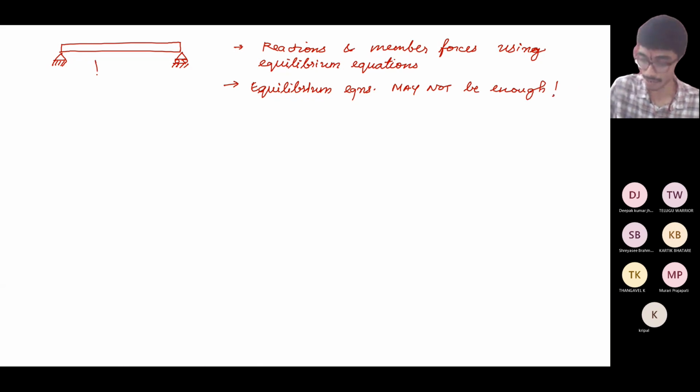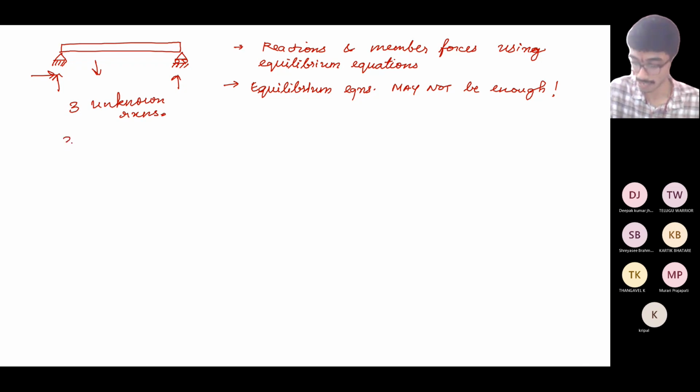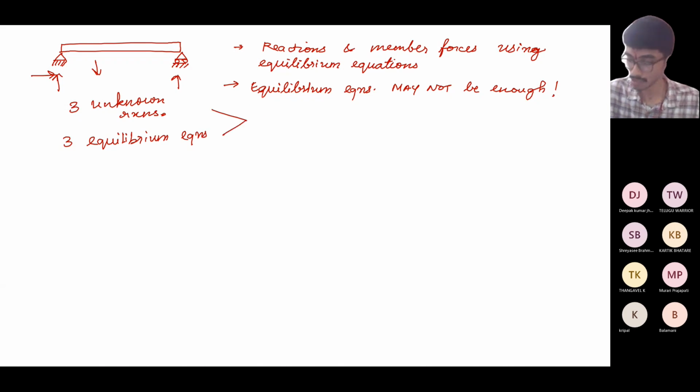So for example, here you have how many reactions? You have 1, 2, 3 reactions. 3 unknown reactions. And how many equilibrium equations do you have for a planar structure? You have 3 equilibrium equations. So using this, you will get a system of 3 by 3 equations with 3 unknowns.